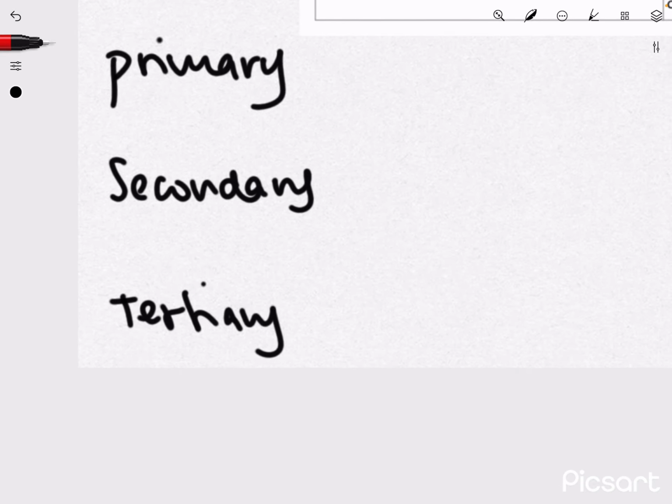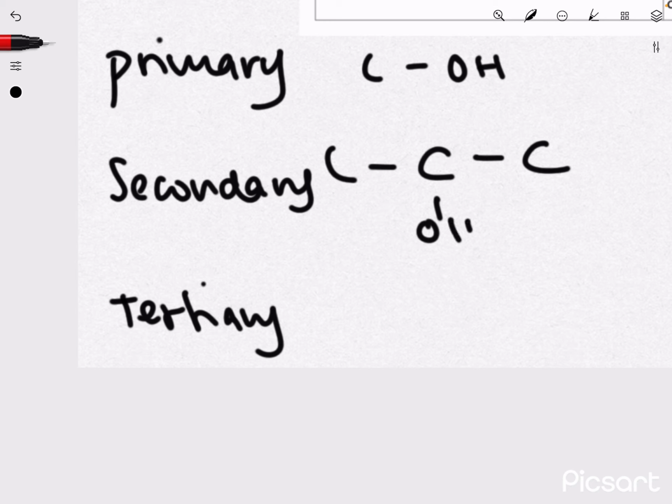A primary alcohol is one where you only have 1 carbon bonded onto the one with your hydroxyl group. A secondary one is one in which you have 2 carbons bonded onto the one with the hydroxyl group. And, quite self-explanatory, a tertiary alcohol would look a little something like this.